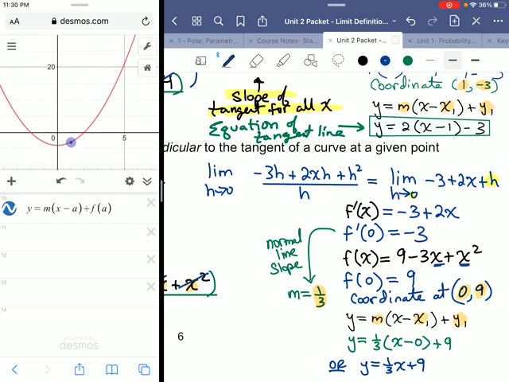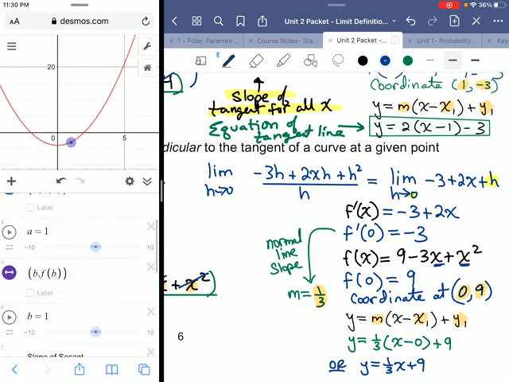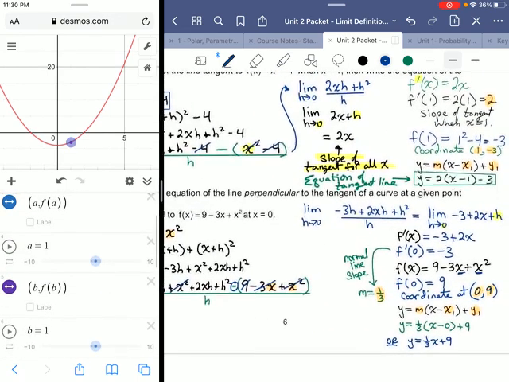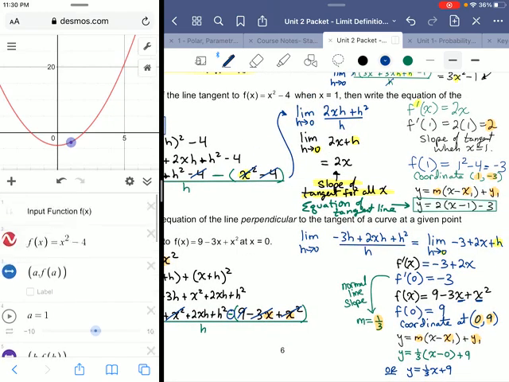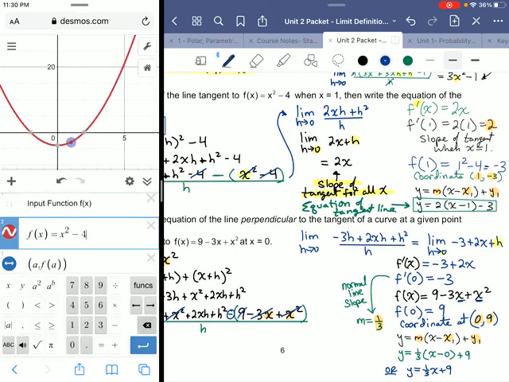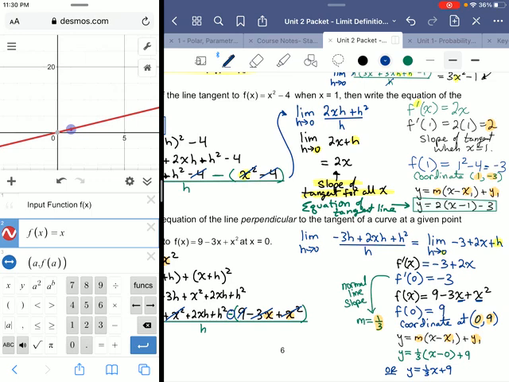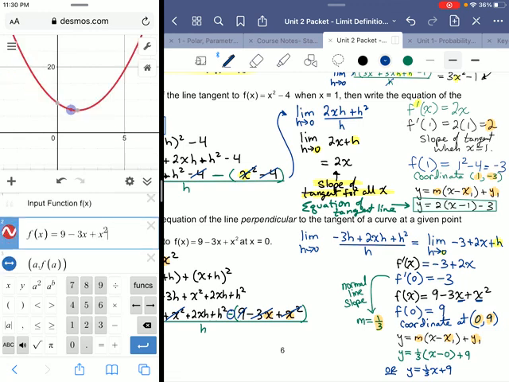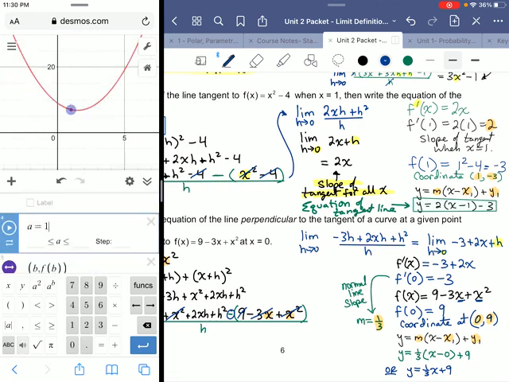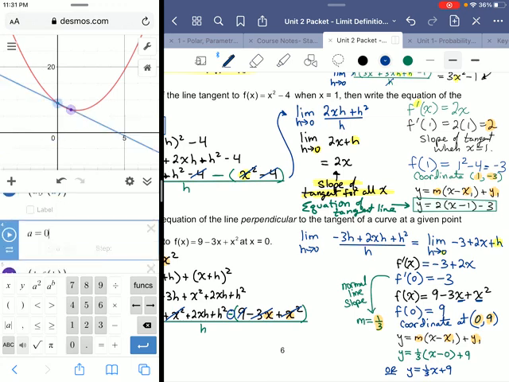All right. So if you want, when you go to check this one, you kind of eyeball it. I'm looking at 9 minus 3x plus x squared. We want to pin this at 0.